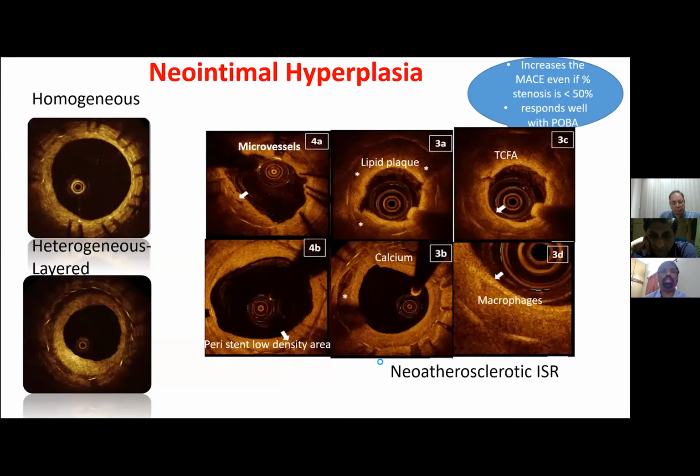And OCT in this perspective: we all know the basic pathology which causes stenosis in ISR is neointimal hyperplasia. Unlike intravascular ultrasound, where you call every case an IH, here we can go a little deeper, meaning by tissue characterization, we call these ingrowths certain patterns: homogeneous, heterogeneous, and neoatherosclerotic.